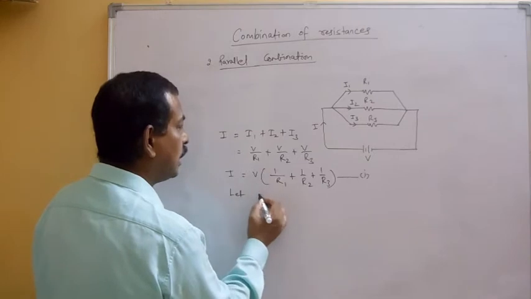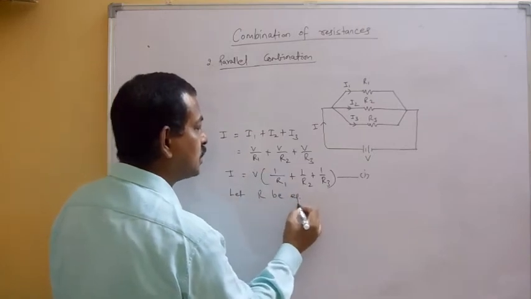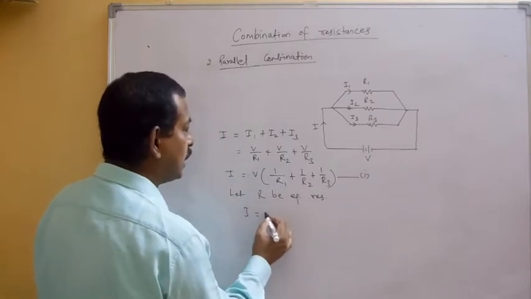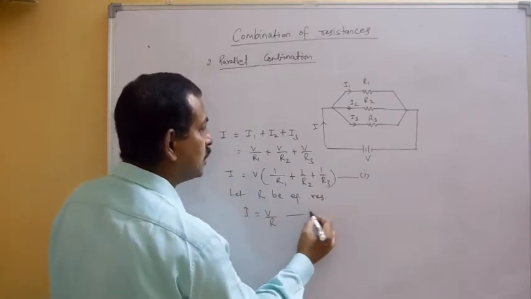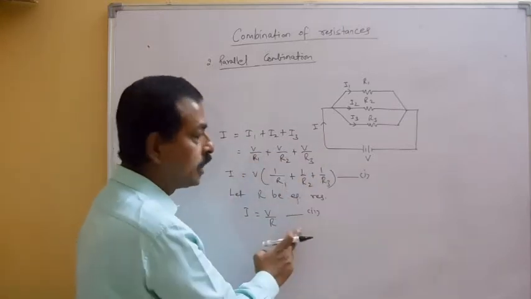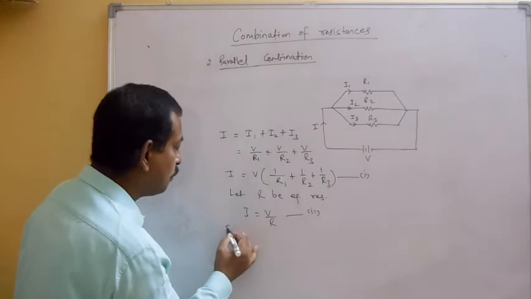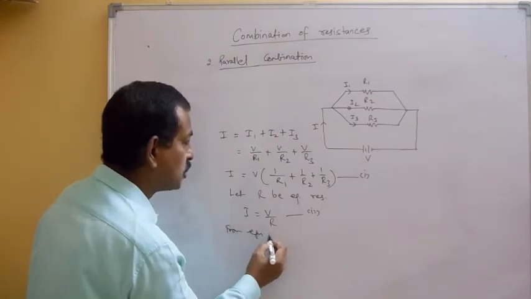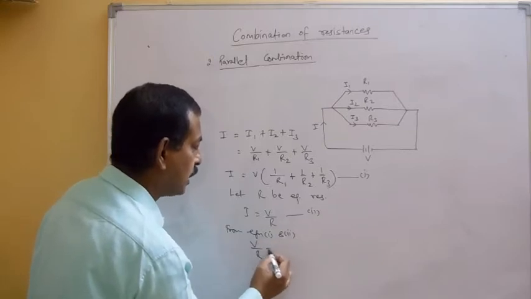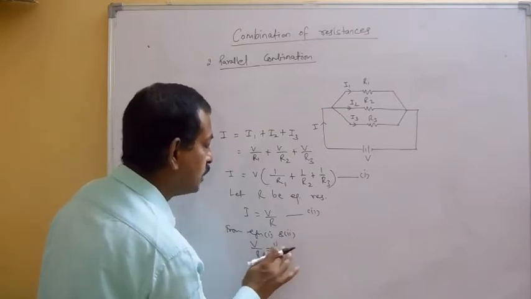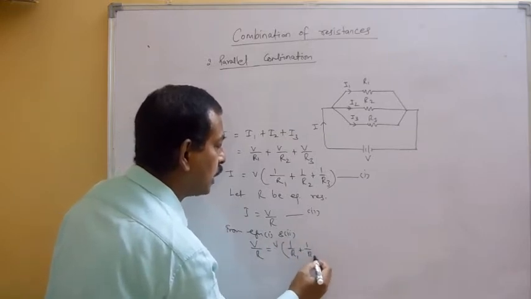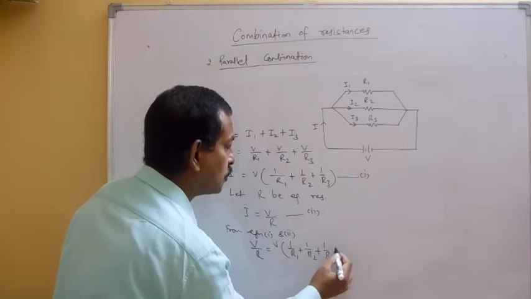Again, let R be the equivalent resistance. Therefore, I can be written as V by R. This is your second equation. Now, if you compare equations 1 and 2, we have V by R as V times (1 by R1 plus 1 by R2 plus 1 by R3).